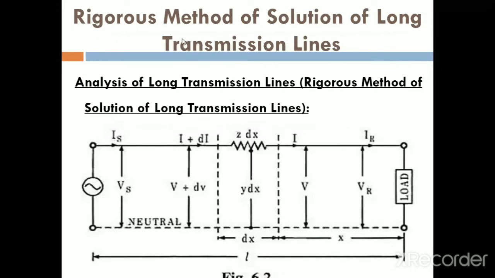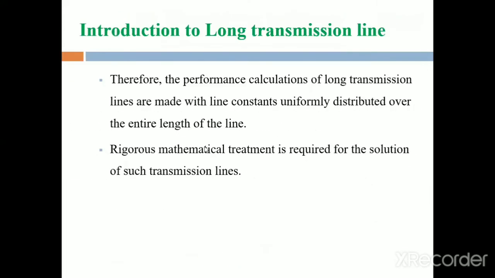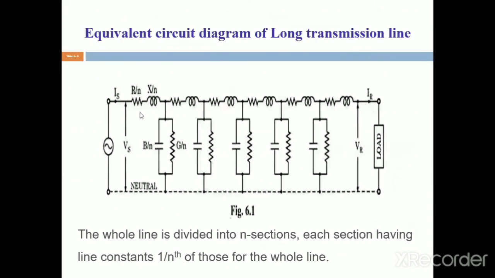In the case of a long transmission line, the parameters are to be taken as uniformly distributed parameters. What are the parameters? The resistance, inductive reactance, capacitive susceptance and conductance are to be taken in the form of a uniformly distributed load. That we already observed in the equivalent circuit diagram.